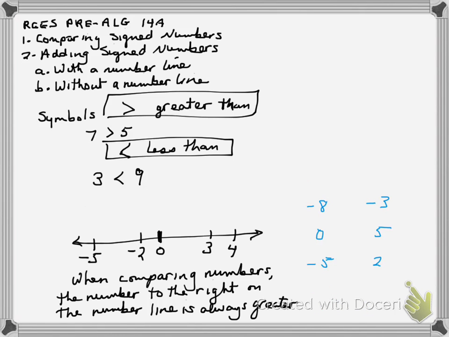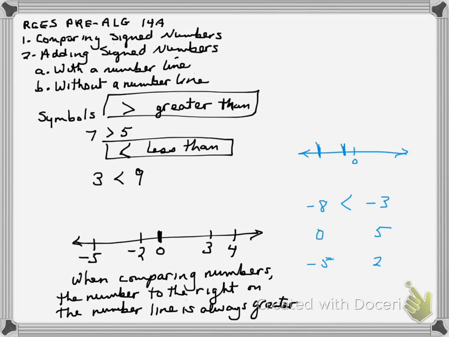Okay, comparing these sets. Now, I would like you to just begin to think mentally. If this is 0, negative 8 would be somewhere like this, and negative 3 would be somewhere like this. So just kind of have a picture in your mind of where the two numbers are positioned on the number line. Negative 8 would be to the left of negative 3, so negative 8 is less than negative 3.